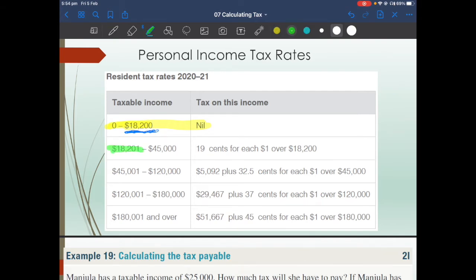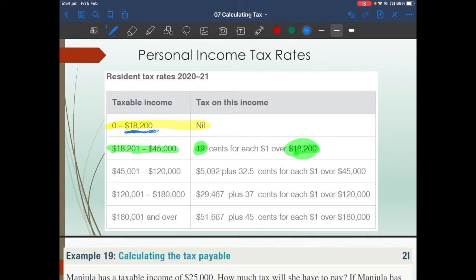Okay, let's look through it now. If your income falls between this range, you pay 19 cents for every dollar over 18,200. So for example, if you earned $20,000 in the year, you would only pay this 19 cents on the $1,800 that were over this amount.